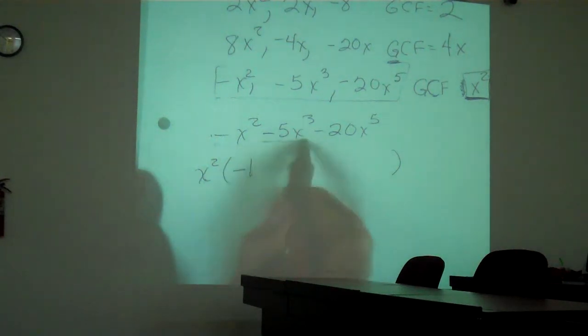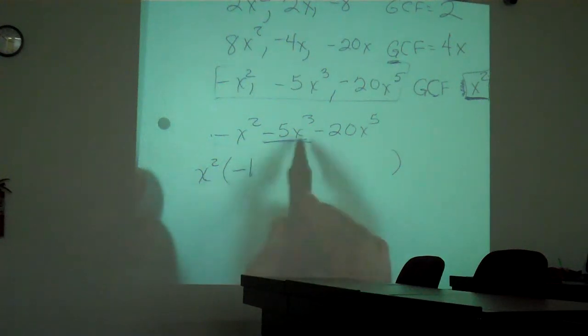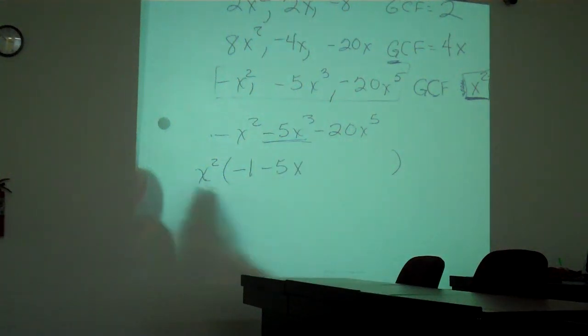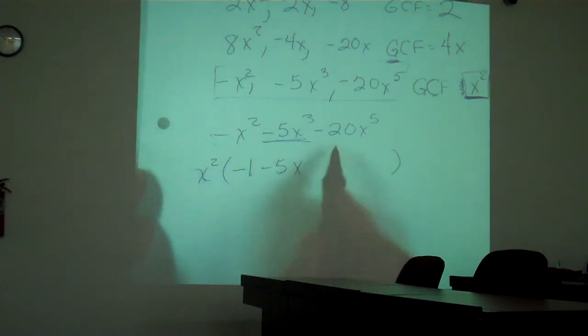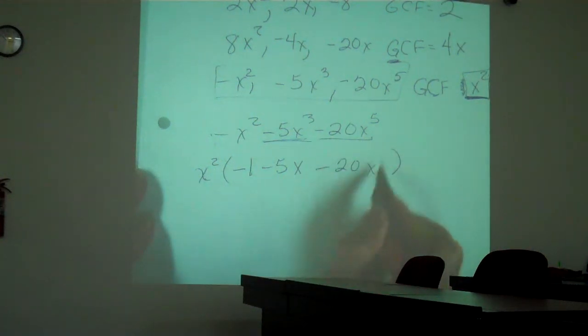Okay, the next term, what do we need to multiply x squared by to get that? Negative 5x. So if you multiply this, you'll get negative 5x cubed. Okay, how about this term? Minus 20x to the 3rd.